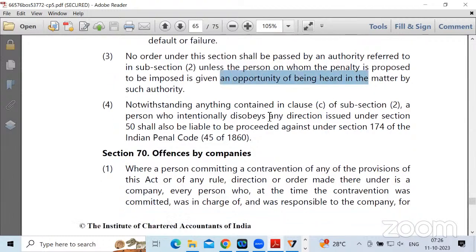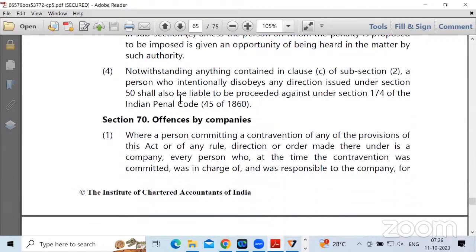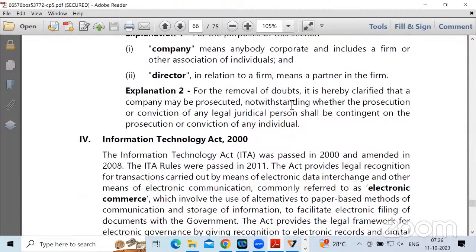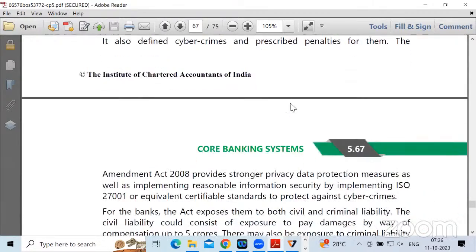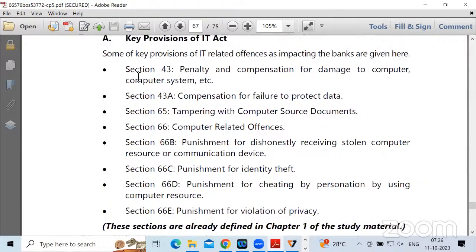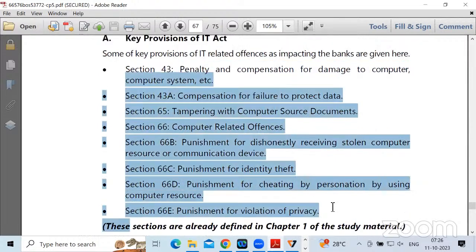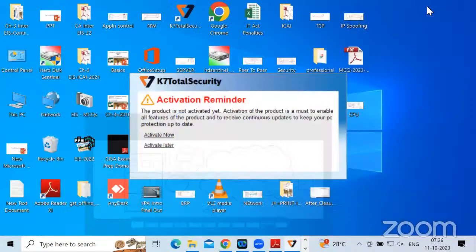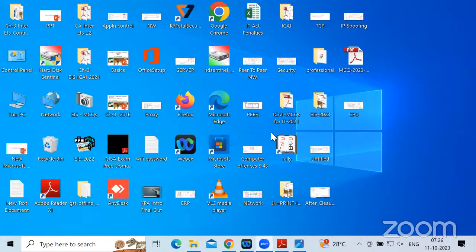Similarly, an opportunity of being heard has to be given. 174 proceedings can also be taken for disobeying the officer's command. The company offenses, or who is a company with a director of this. IT Act we have already seen. Okay, so these sections are there. You just quickly scroll through this. Sometimes they ask a question on this.